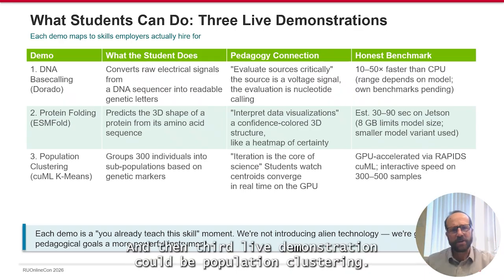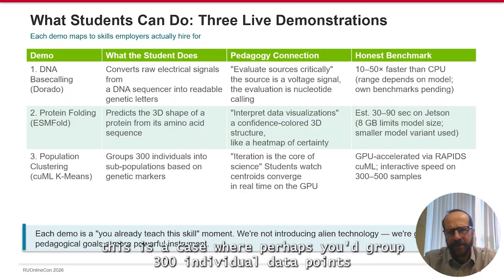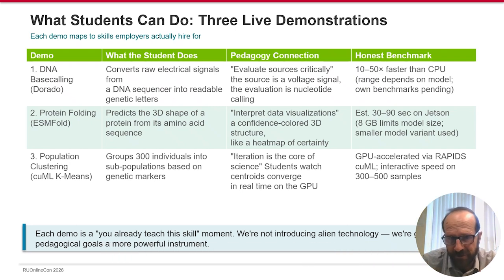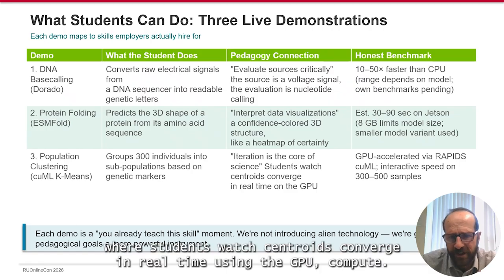And then a third live demonstration could be population clustering, for example, k-means. This is a case where perhaps you'd group 300 individual data points into subpopulations based on genetic markers, for example, from a genetic mapping study. And here is the idea that iteration is the core of some science, where students watch centroids converge in real time using the GPU compute.